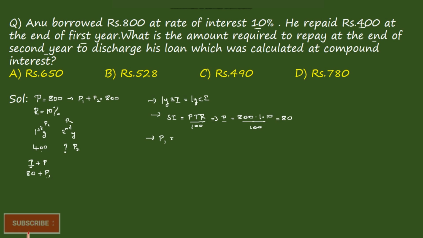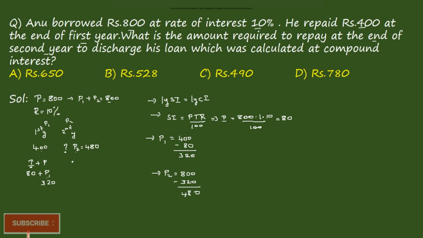Then P1 is equal to 400 minus 80, which is 320. So the first year principal P1 is 320. Then what is the value of P2? We know that P1 plus P2 is equal to 800. Then P2 is equal to 800 minus 320, which is 480.